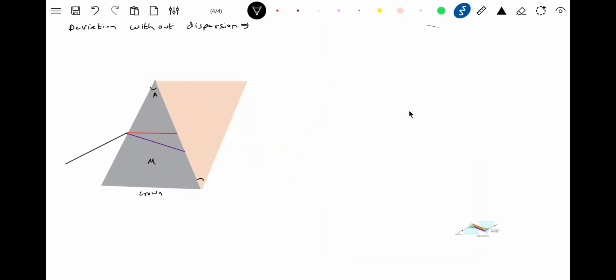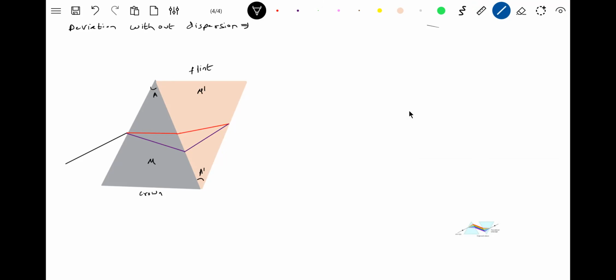Okay, this will be the flint glass prism, and this the crown glass prism. The flint has refractive index mu dash, and the angle of prism would be A dash. The violet also will undergo deviation.